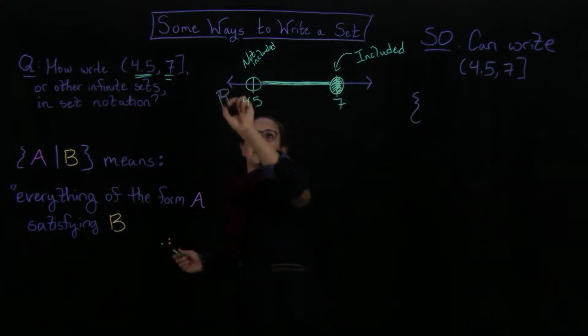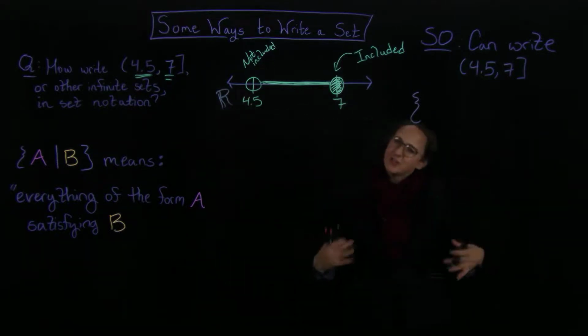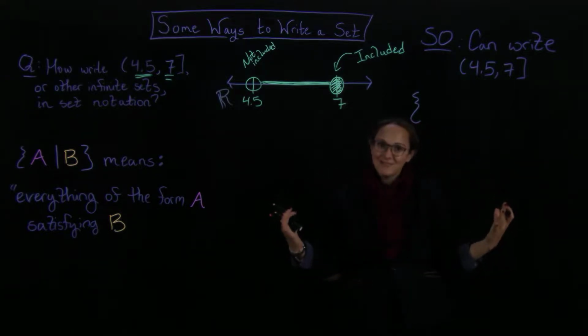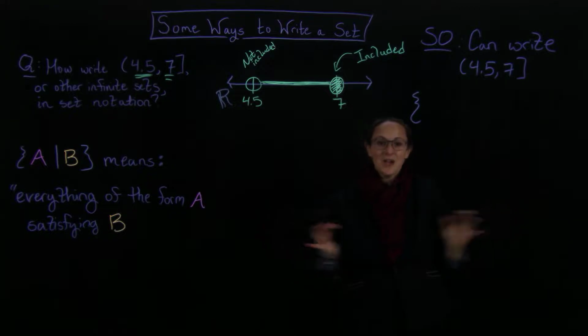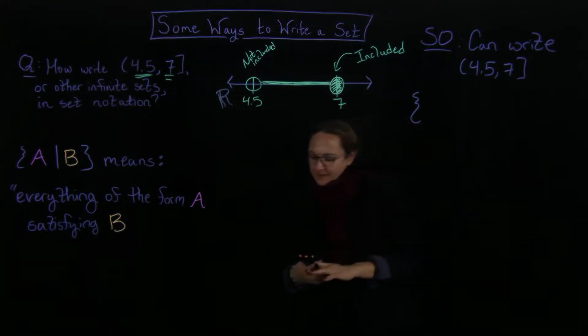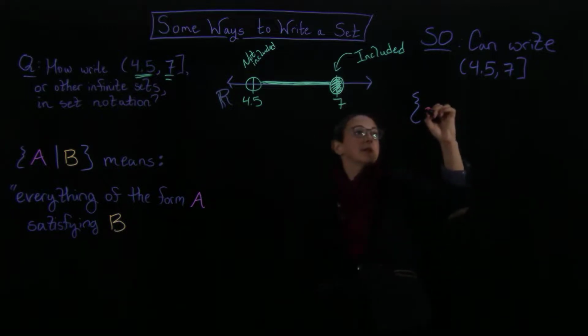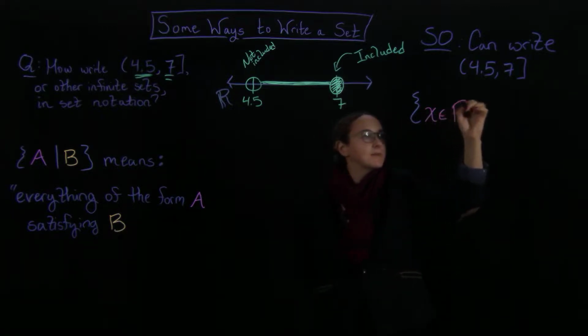Before I put any conditions, I need to know: am I talking about real numbers? Integers? Complex numbers? You probably haven't seen those yet, but they exist. So I'm going to set myself as living in the real numbers. This is like my condition A.